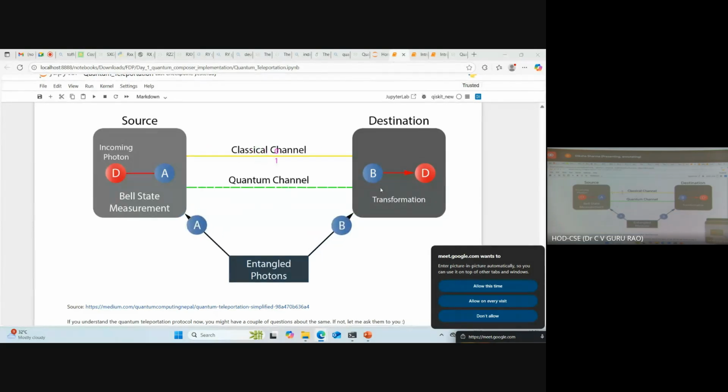With the help of that classical information, the destination would be able to recover the D photon, which the source wanted to send initially. So as you can see, D is not getting transferred, only the classical value is getting transferred.